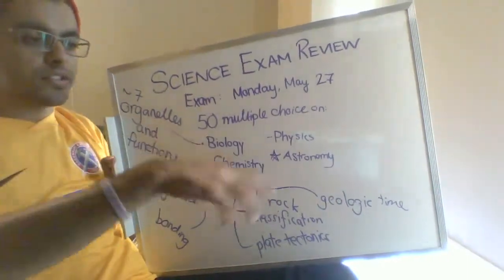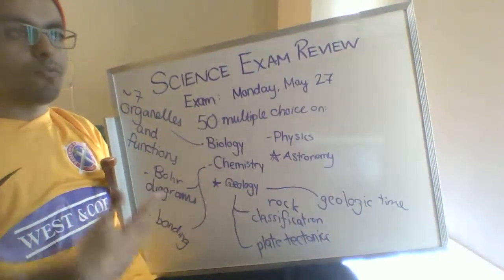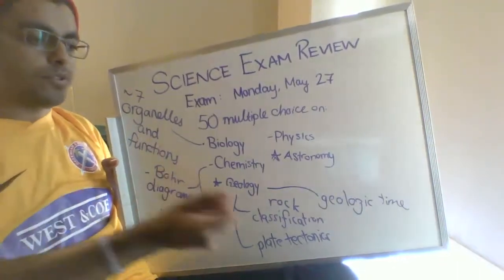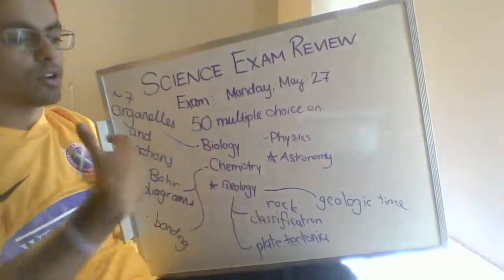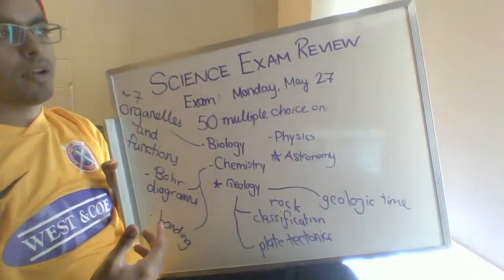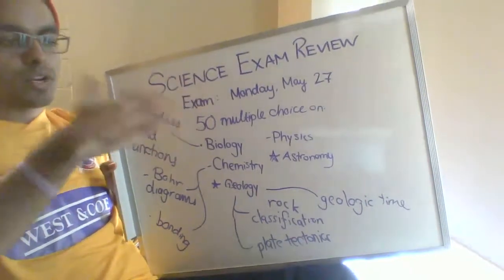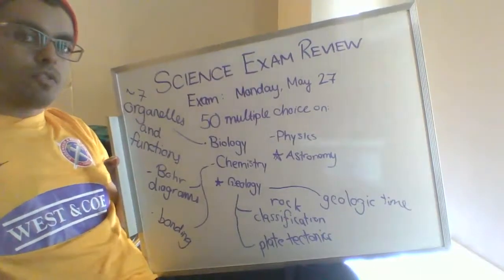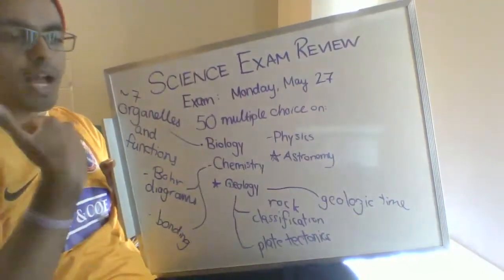Or I list 4 in different order, and I say which order has them going from longest period of time to shortest period of time, like super eon, era, etc. Or I could say which organization of them is going chronologically, so in order of longest ago to most recent, furthest in the past to most recent.